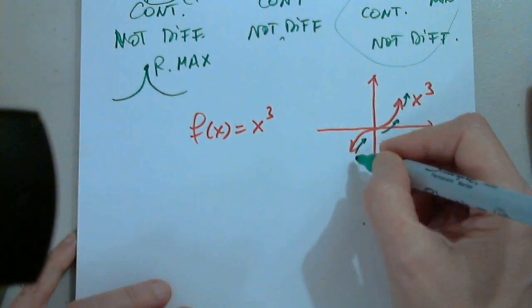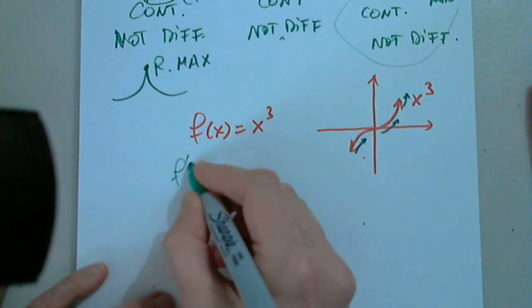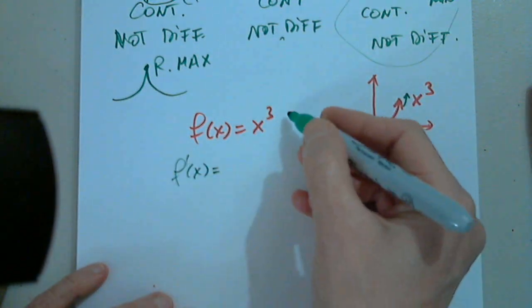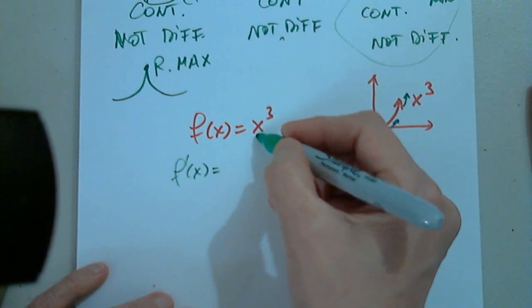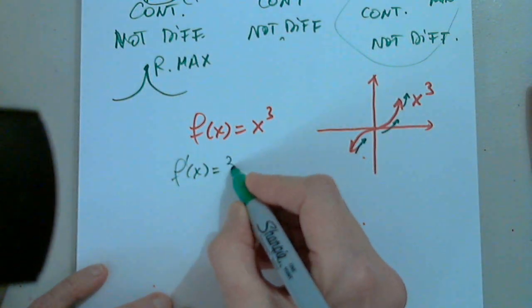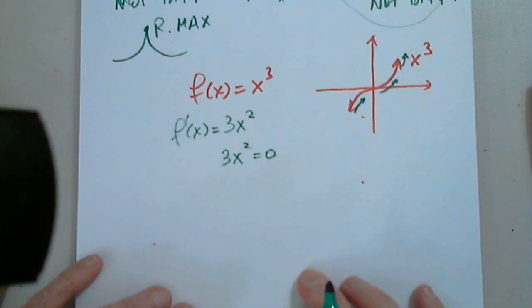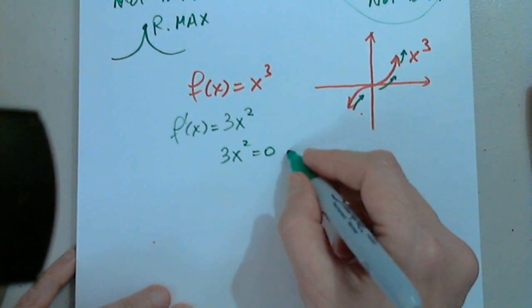Okay, so see, this function is always increasing. But if you find f prime of x, can anyone give us f prime of x for this function? 3x squared. Very good. And if I set this equal to 0, what is x?